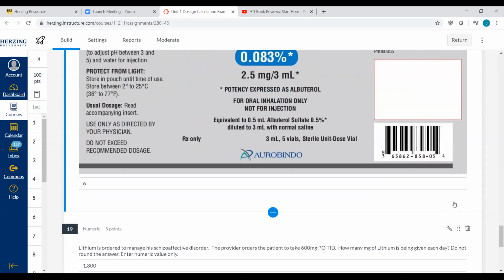Thanks. All right, how about, and this is another simple one. This person orders 600 milligrams TID. How many milligrams of lithium is being given each day? You see how to figure that out?